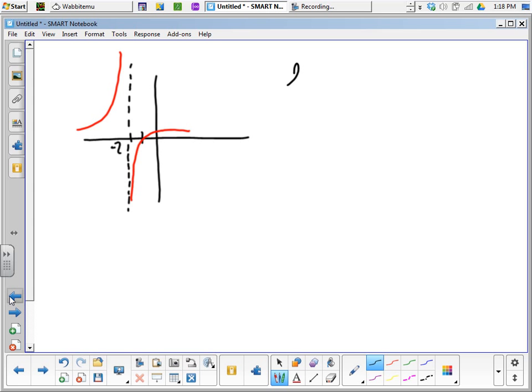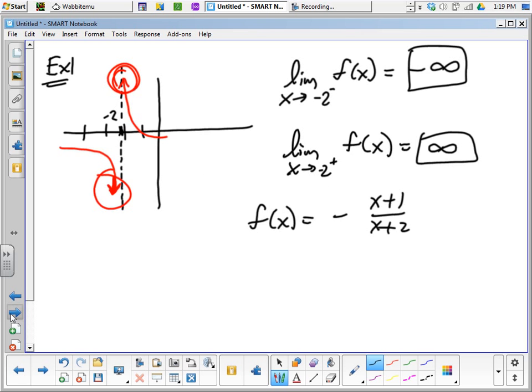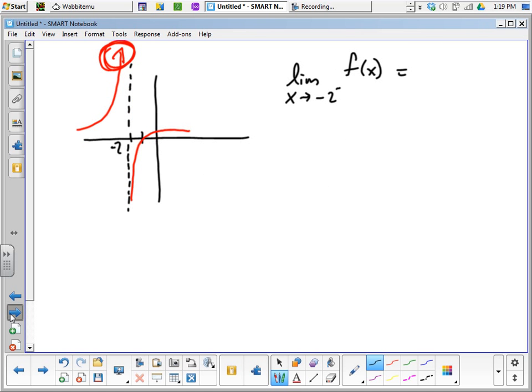Same two questions. So what is the limit on the left side of -2? So on that one, we're looking at this arrowhead. And what's it doing? It's going to infinity, right? Sorry, it's this graph, okay?